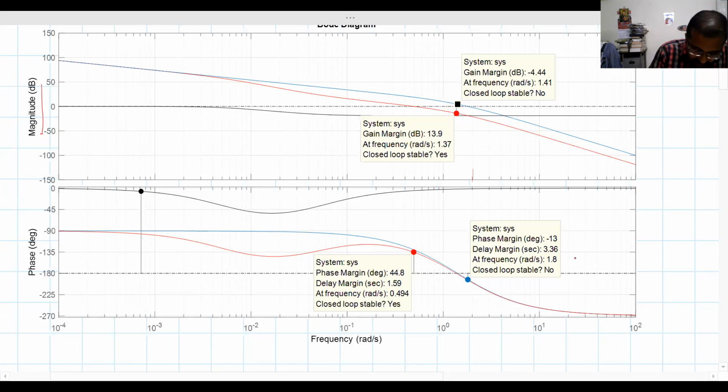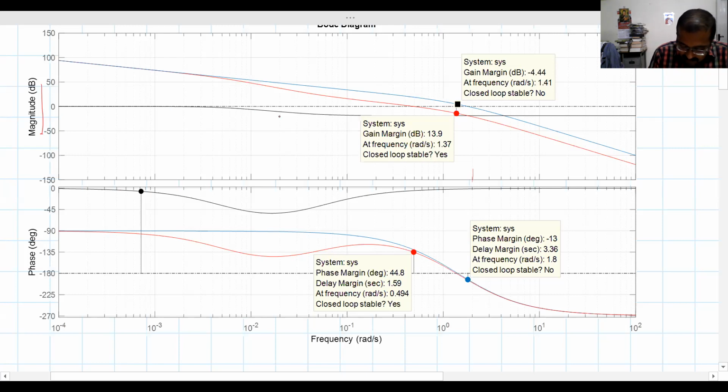Now you can see a black colored one, magnitude as well as phase angle. That is the designed lag compensator, 1 by 8.86 into S plus 0.04916 divided by S plus 0.0055. The Bode plot for the lag compensator is given in black. Up to the lower corner frequency it is 0 dB.